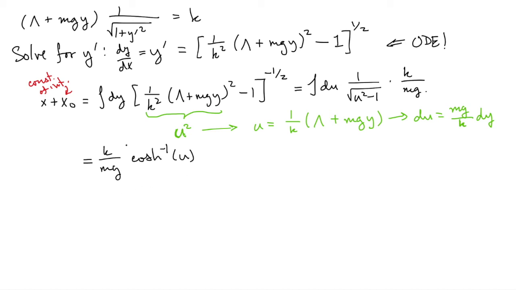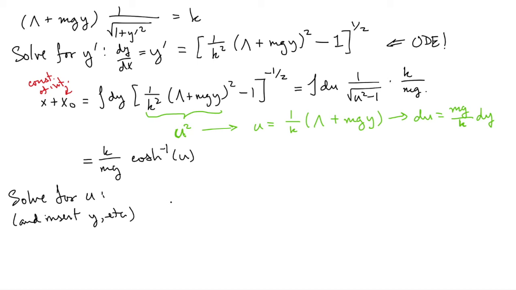Okay, and now I have a left-hand side and a right-hand side, and I can solve this for u. Okay, and we just insert y and the other constants.